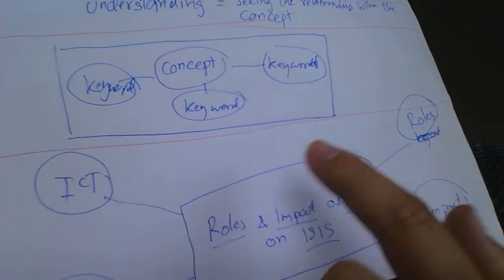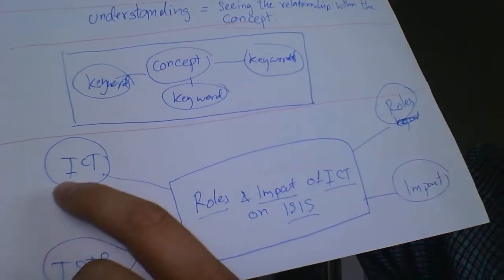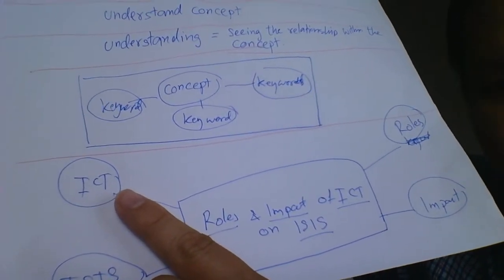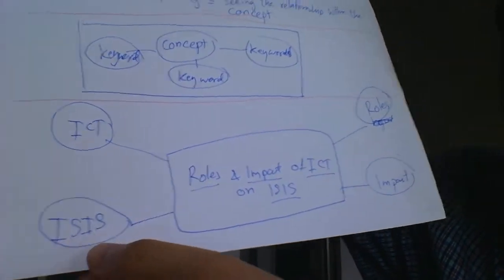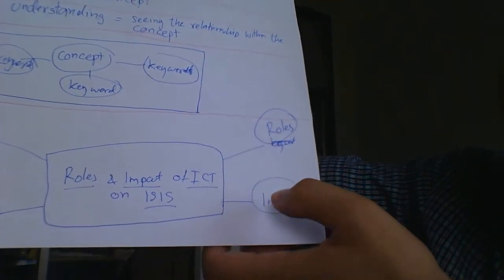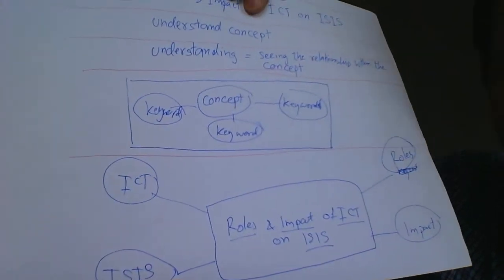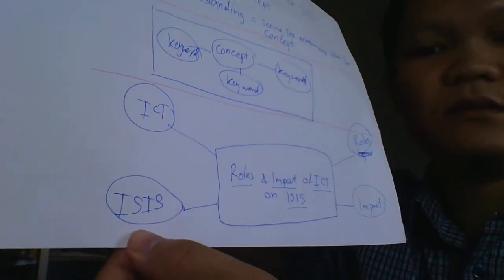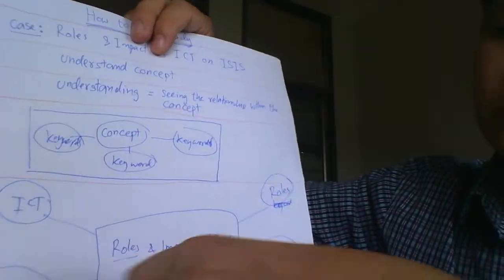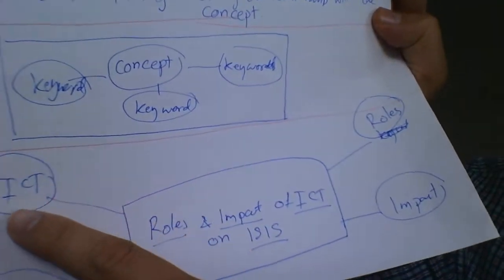So these are the sub-concepts around the concept of ICT: what is roles, what is impact, and what is IT. So we have to understand all this. These core sub-concepts, or here I call them keywords, we will use to search from a database or library.